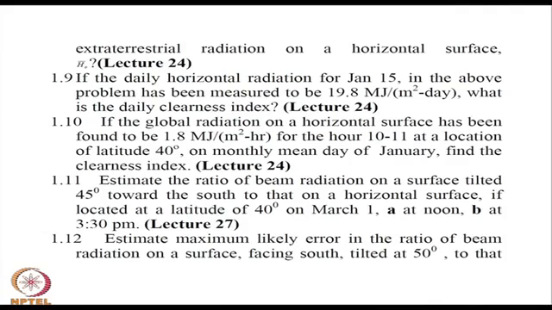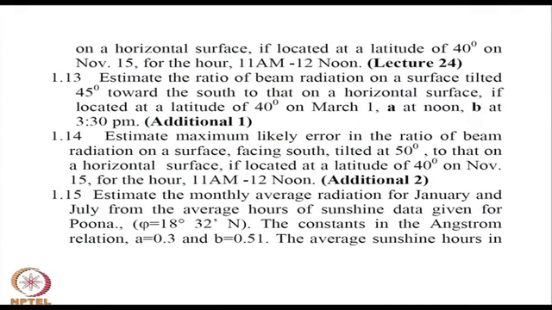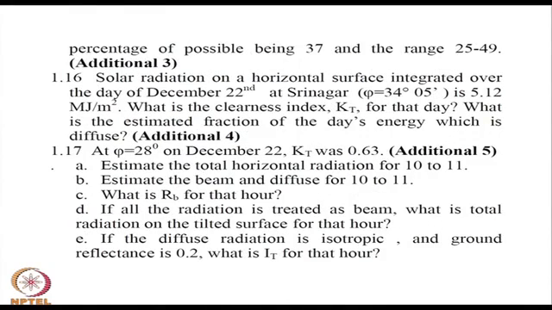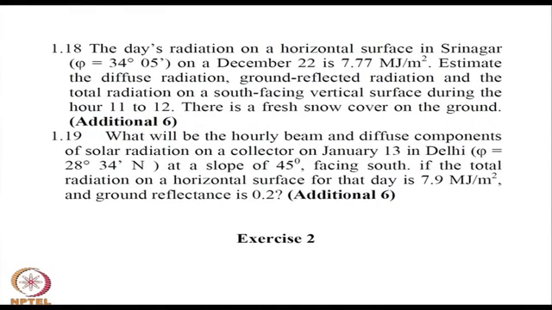So, there are up to 1.12 I think I have solved, and 1.13 to 1.17, 18, 19, these are the additional problems you can solve, but then let me also tell you the methods to solve these problems are available when we solved F chart and phi bar F chart problems.